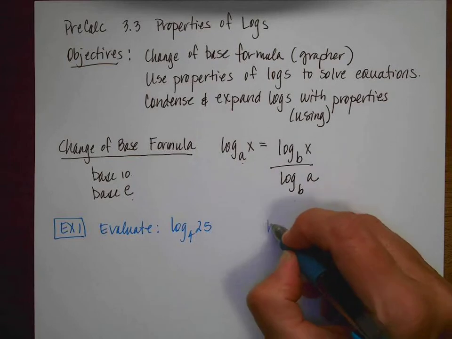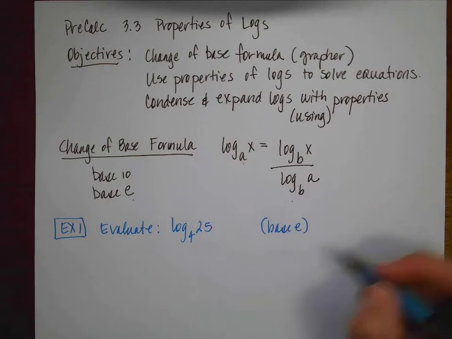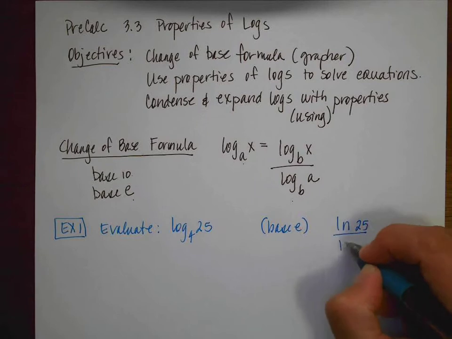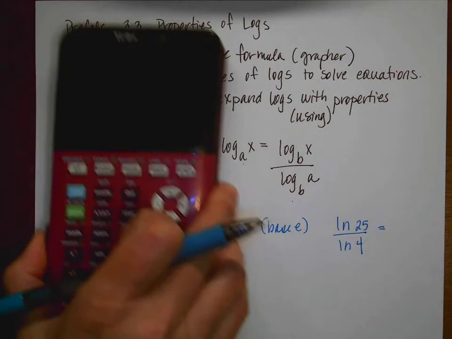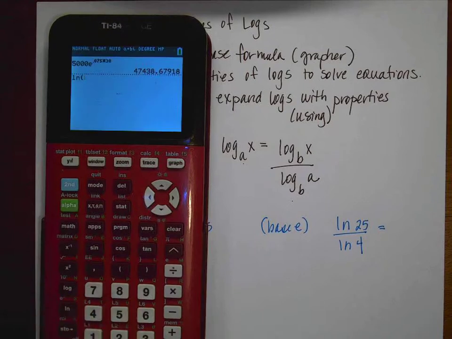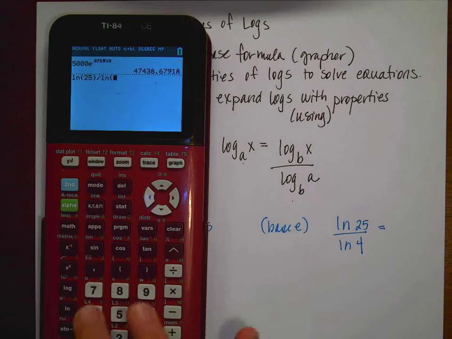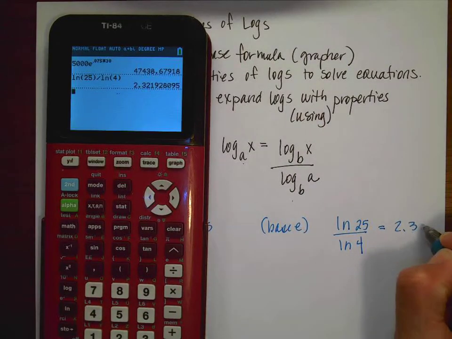I like base e because I have less letters to write, so this would become the natural log of 25 divided by the natural log of 4. If I did that in my calculator, I would get 2.322.